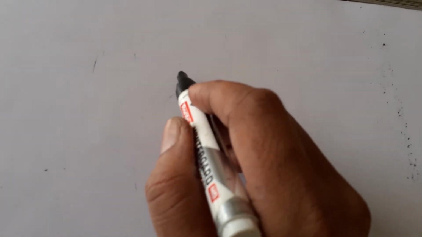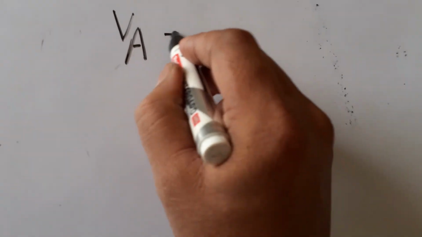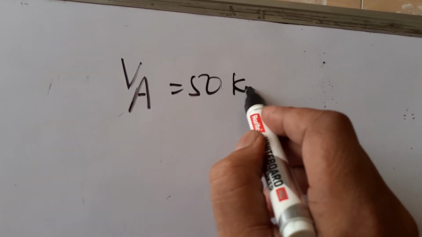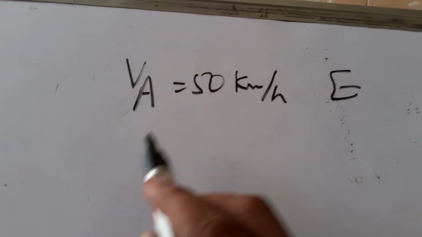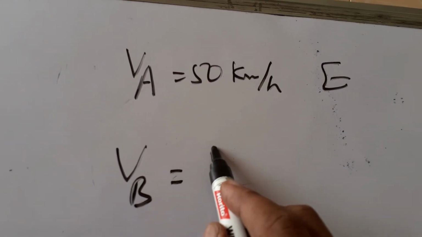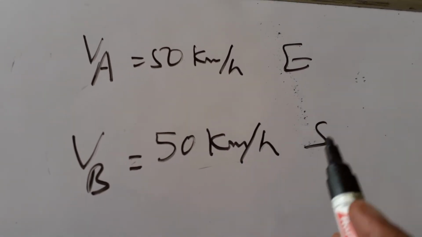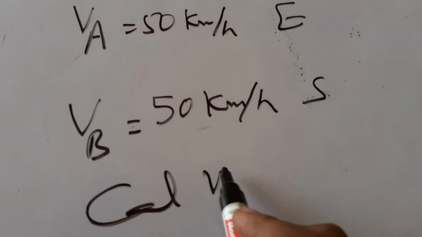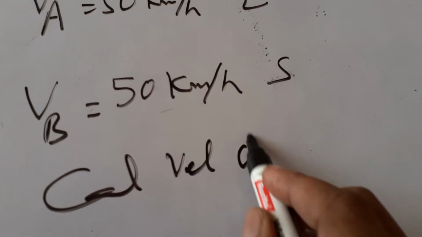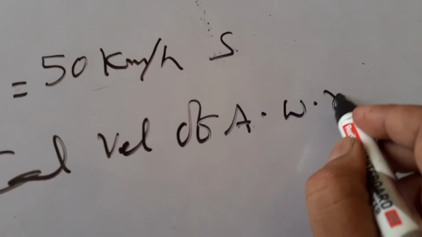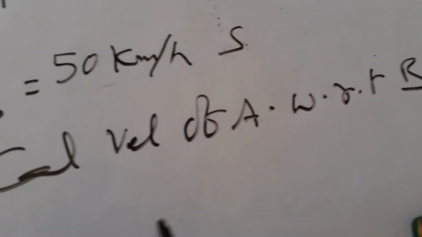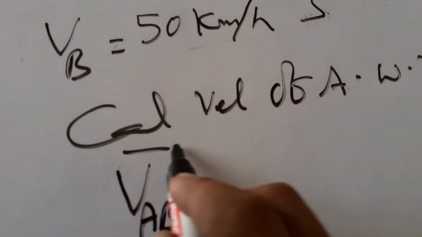Similarly, we can use subtraction of vectors in a relative velocity case also. Suppose velocity of A is 50 km per hour east. Velocity of B is 50 km per hour south. Calculate velocity of A with respect to B. That means V of AB bar is required.